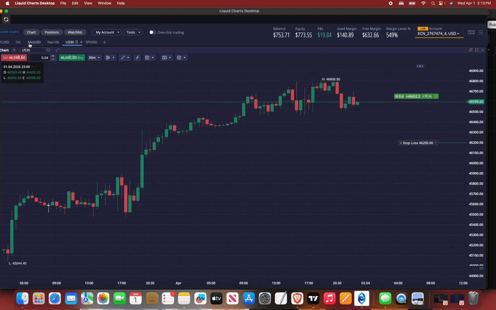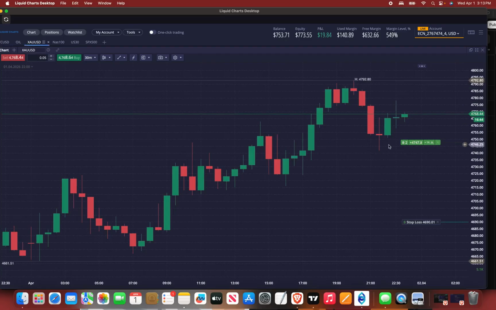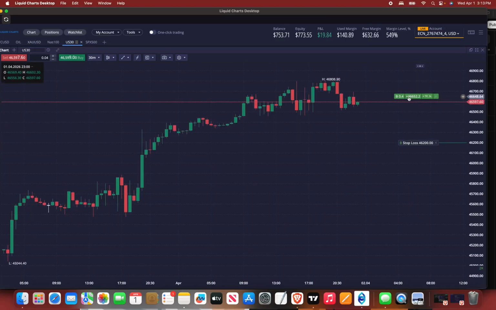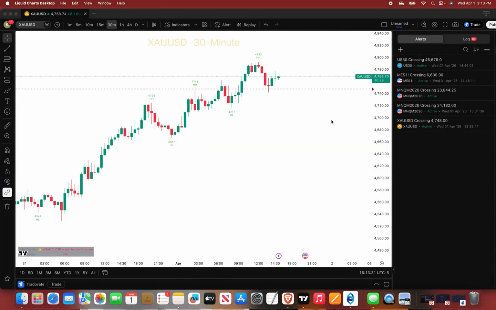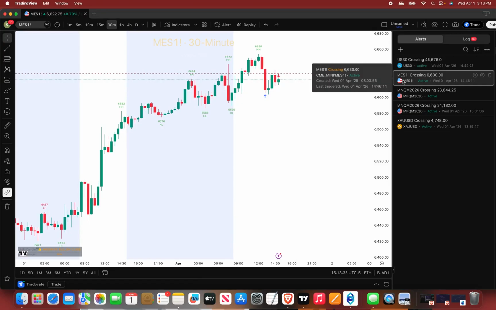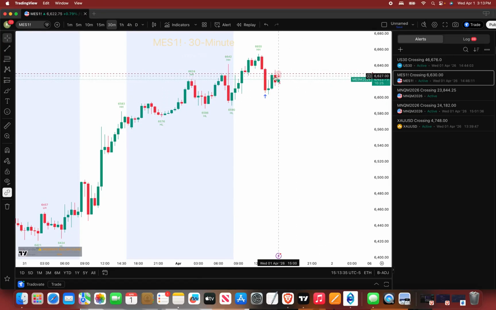Here, go over here too. Gold. I got in right there, and now it's up here. And then for US 30, I got in right here, and now it's right here. So we in that trade. It's only up $20, but it is what it is. Same for this one. We got in right here, sorry, guys.